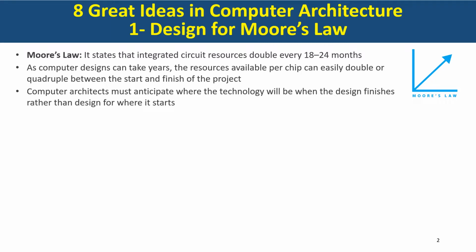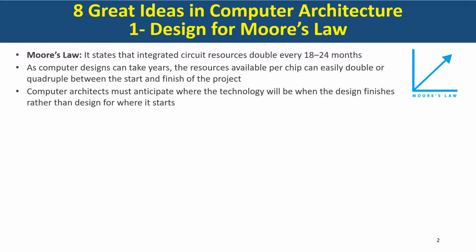For example, let's say you're going to have a design, and for this design to be completed it may take 4 years. If we can put 1 million transistors currently, that means after 4 years we're going to have 4 million transistors, because if you double every 2 years, after 2 years you have 2 million, and after 4 years 4 million.